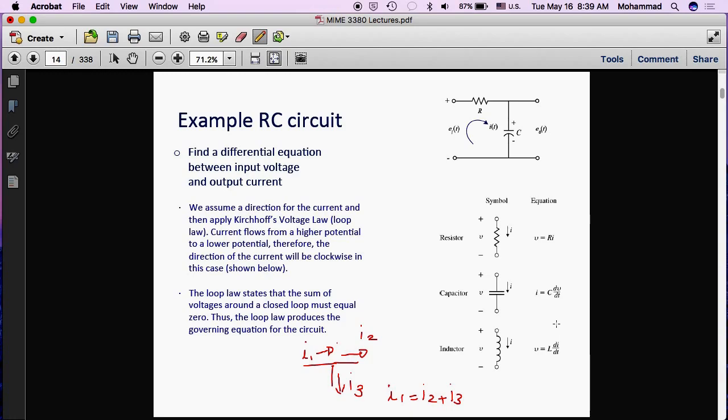So let's do that. If you integrate this equation, it would be the integral of I with respect to what? What is the variable of integration? With time, absolutely. Time is our independent variable. So the integral of I dt is equal to C times V plus a constant. Every time we integrate, there is a plus a constant.